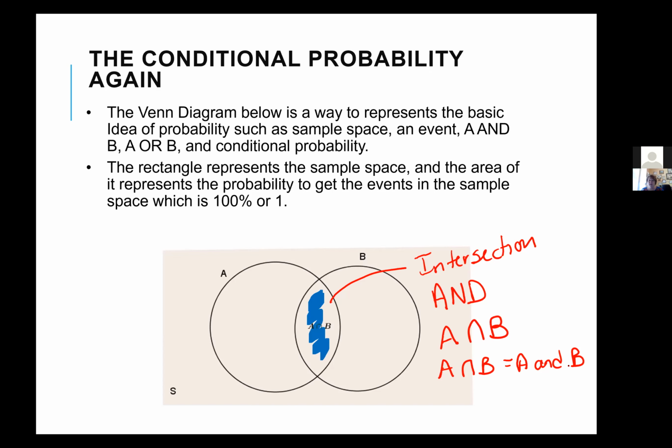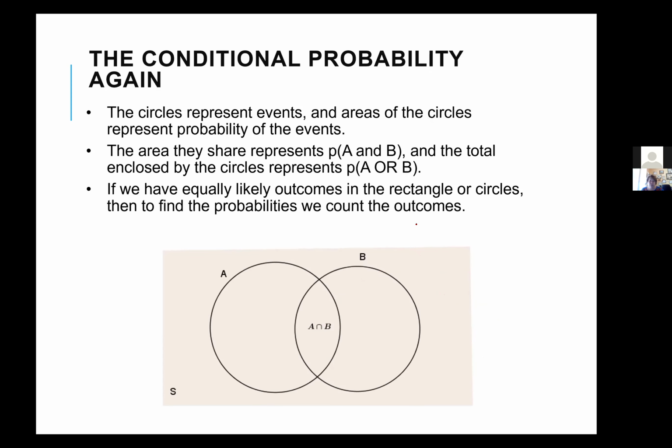Now, in this same Venn diagram, the area the two circles share in common is the intersection of those two events. So it's the probability of A and B occurring.